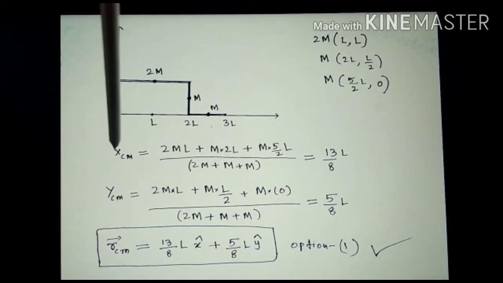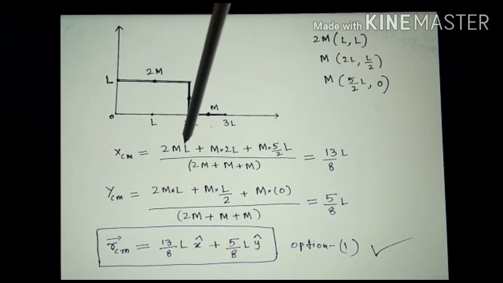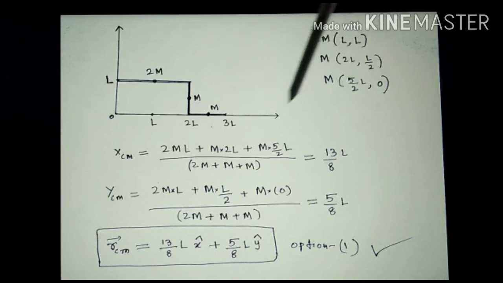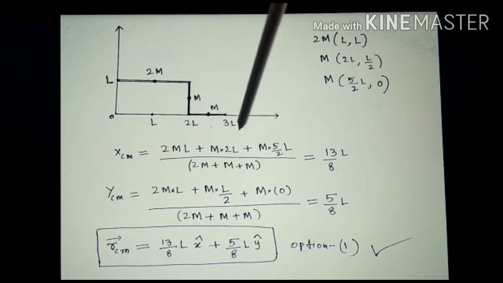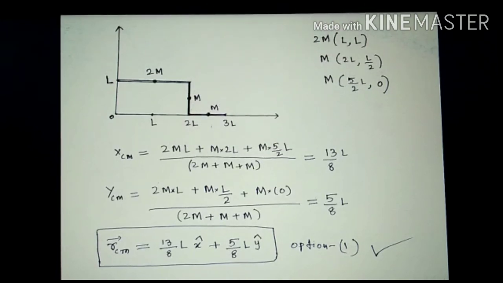So xcm is equal to 2m into L, plus m into 2L for the second portion, plus m into 5 by 2 L for the third portion, divided by m1 plus m2 plus m3.